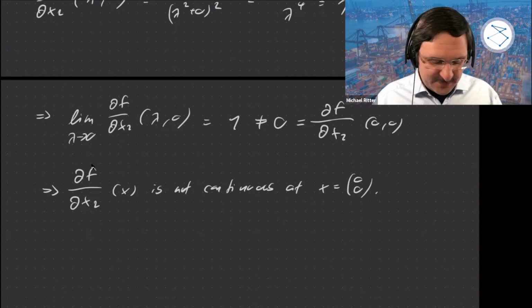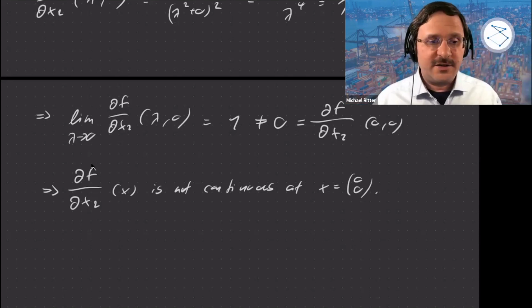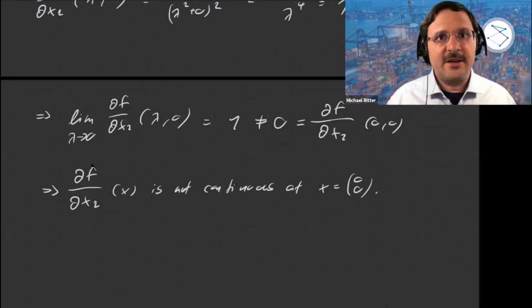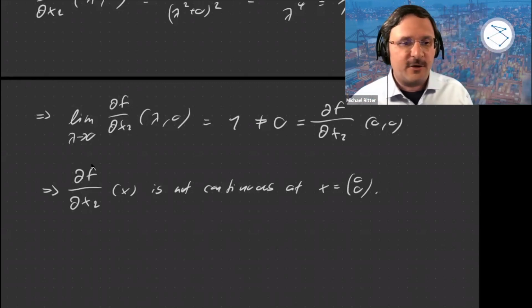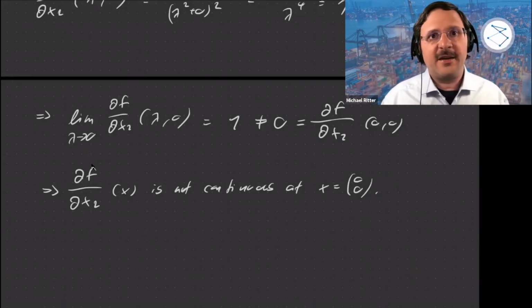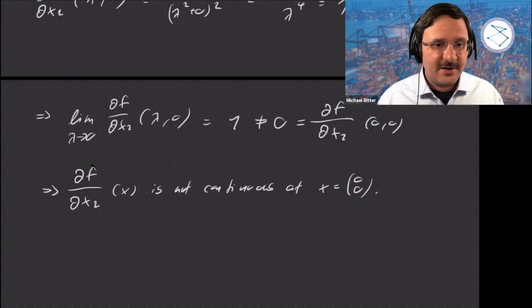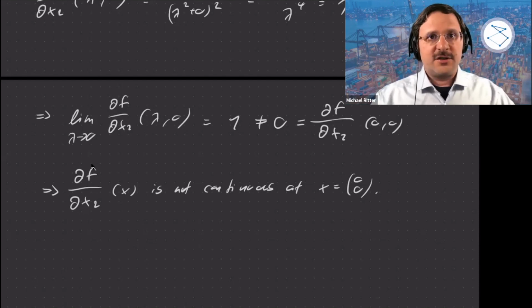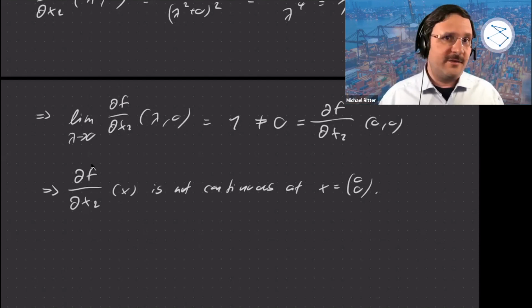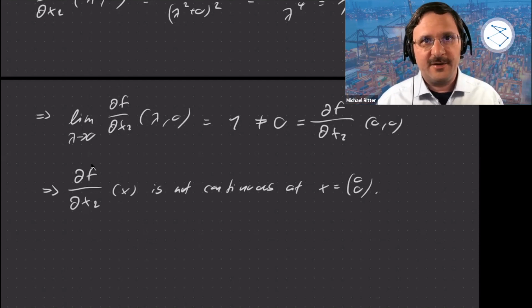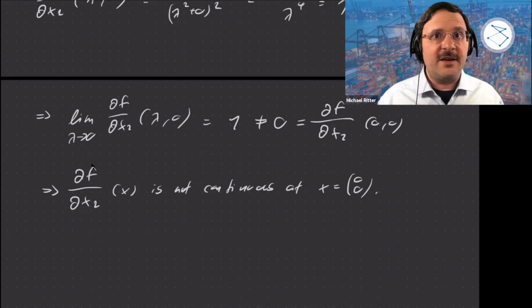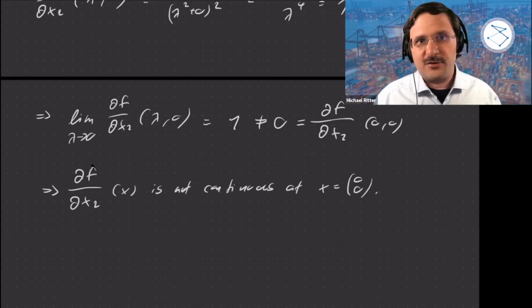Okay, so this means the second partial derivative is not continuous. And that's why that usual theorem doesn't apply. If all partial derivatives exist, and if they are all continuous, then the function is totally differentiable, and this is not the case here. So the function does not have to be totally differentiable, and indeed it is not, as we've seen before.